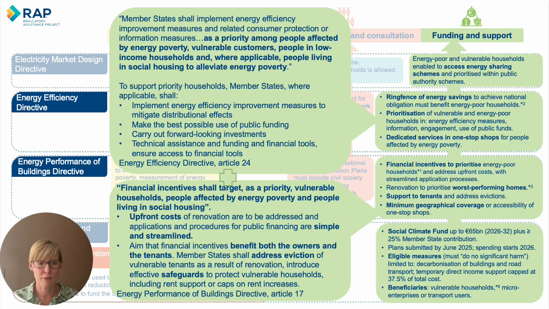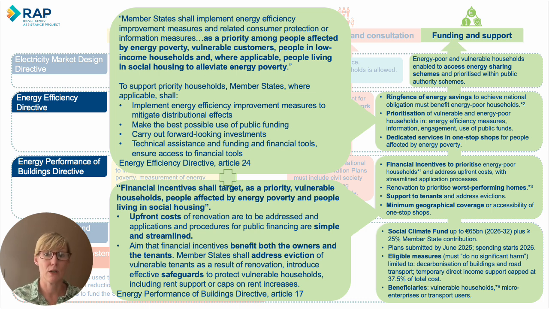We should definitely read this provision from the Energy Efficiency Directive alongside some really supporting requirements from the Energy Performance of Buildings Directive, particularly around financing. And they require that financial incentives benefit, as a priority, these energy poor and vulnerable groups.